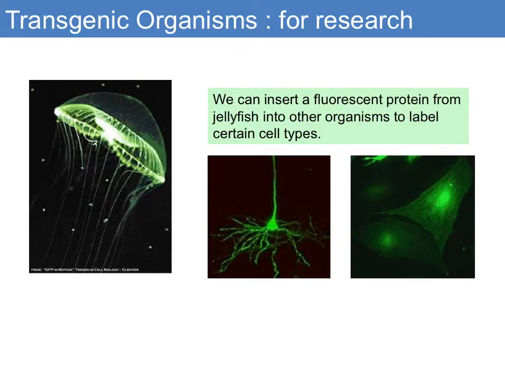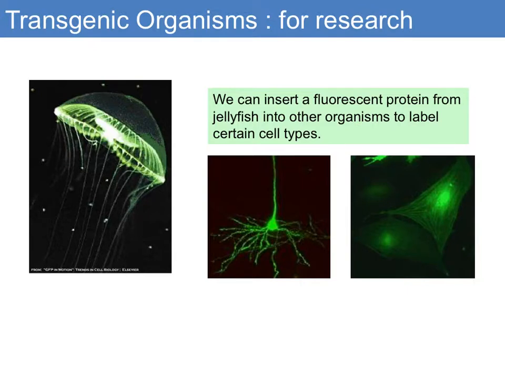It's probably mainly used, I think, for sexual selection for reproduction. But someone realized they could actually attach a fluorescent protein into other organisms, into certain different types of cells, and make them fluoresce as well.